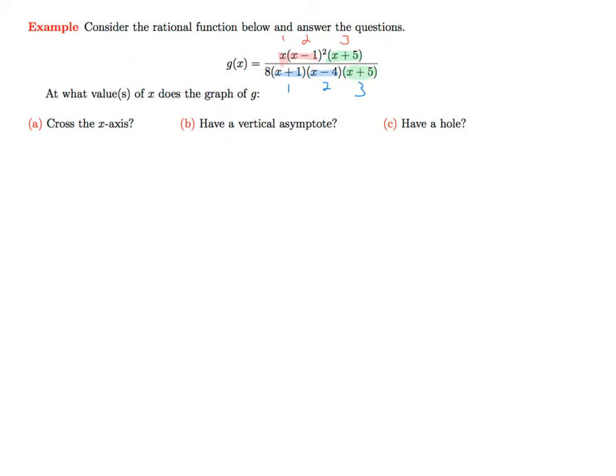Okay, so to answer part A, the graph is going to have x-intercepts when the numerator is 0 and the denominator is not, since we need this value to be in our domain.